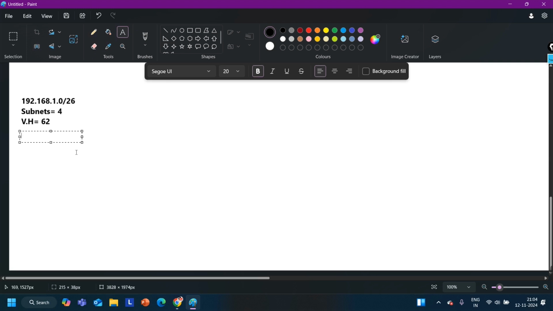Okay, block size, what will be the block size? Subnet mask will be 255.255.255.192, right? So block size is going to be 256 minus 192. What value will you get here? 64, right?